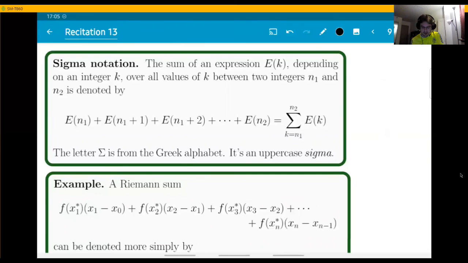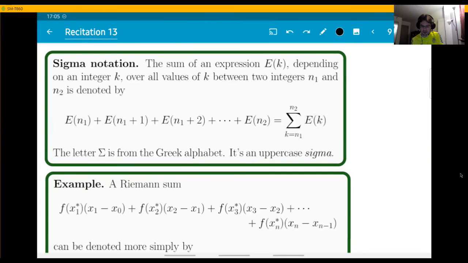And what you do is you select some variable to be what's called a dummy variable, just like in the integral. When you have an integral, there is a variable inside. That's the variable of integration, this x here, which you can change to anything you want. Similarly, here you're going to have a dummy variable that's being called k here. So you read this like this: the k goes from n1 to n2.